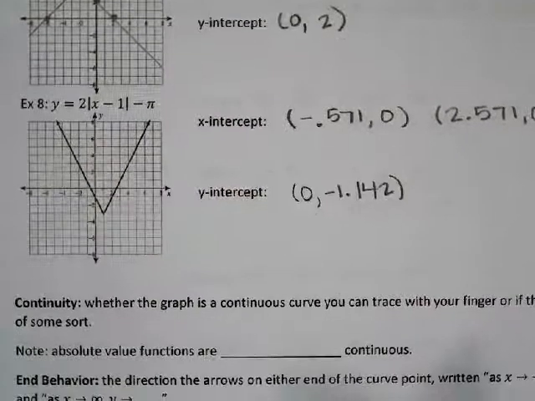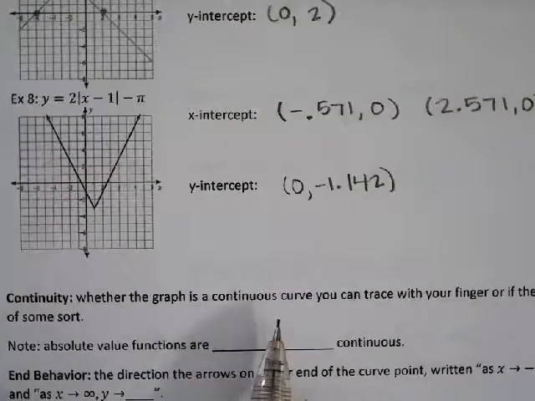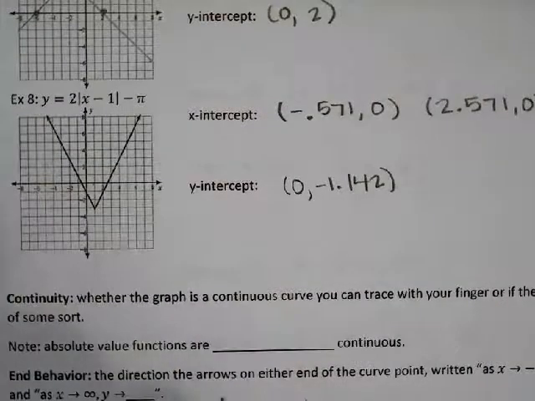So continuity just is whether or not you can, this is an informal definition. You will learn formal definitions later on in math. But you'll know the graph is a continuous curve if you can trace it with your finger without picking up your finger. Most of the graphs that we are going to deal with this semester are pretty simple graphs, and so most of them are continuous.